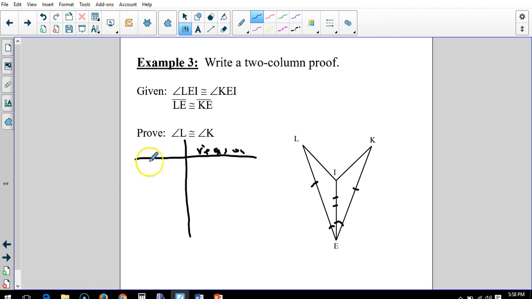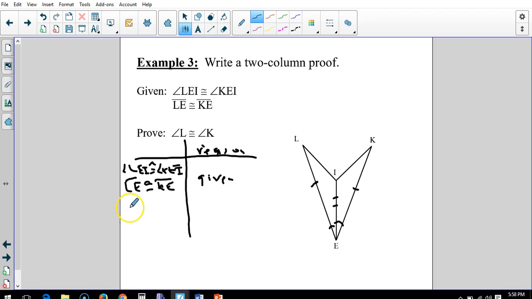We're going to start off by saying angle LEI is congruent to angle KEI, and that LE is congruent to segment KE. And these are both given.